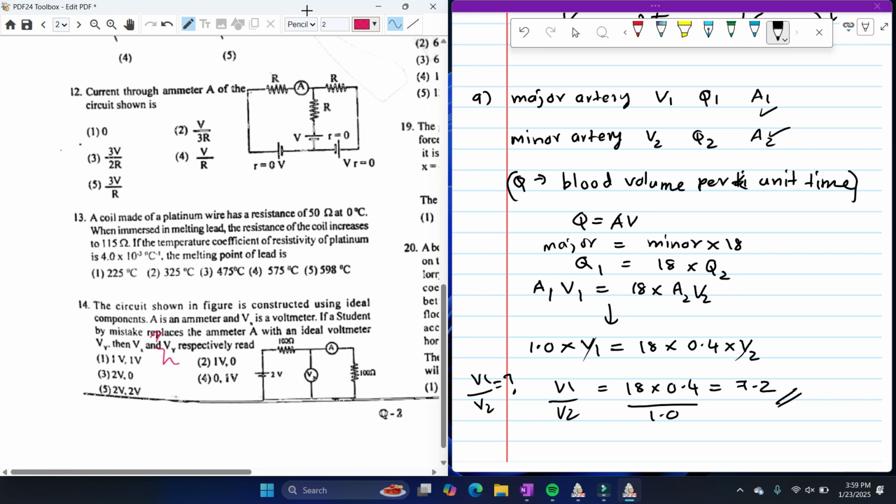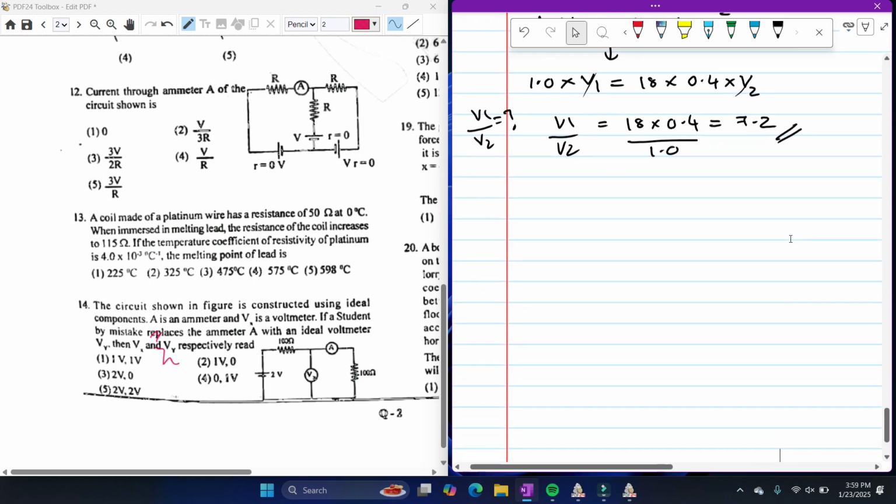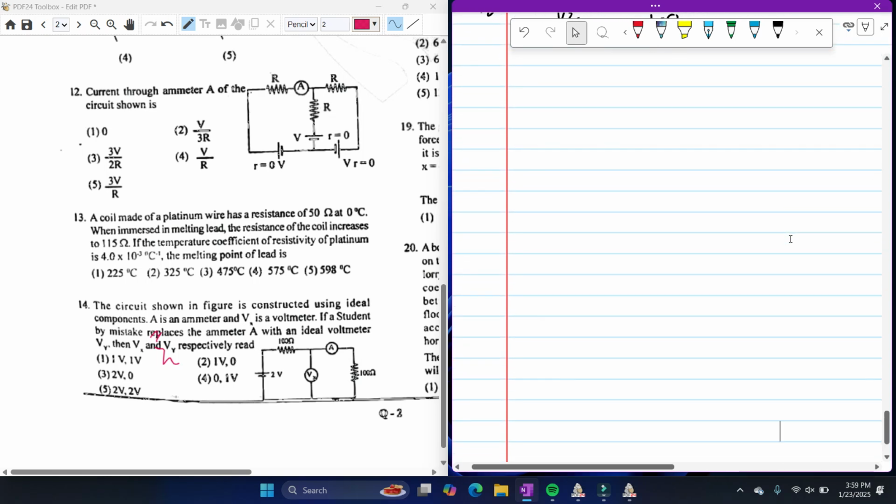So considering question number 12, considering the A, B, E, F, A loop, we'll have to just name the diagram.